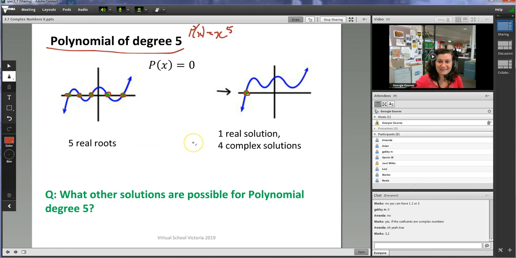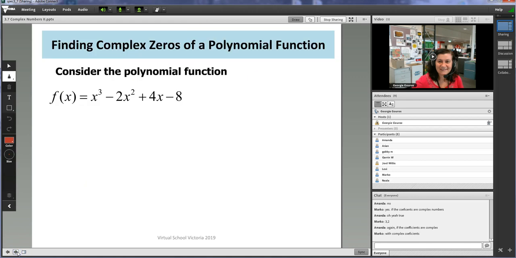So can we have one complex, 4 real? I think we can. Yeah, the coefficients will be complex. But you can make up your own. Isn't that fun? You can make up your own. Alright.